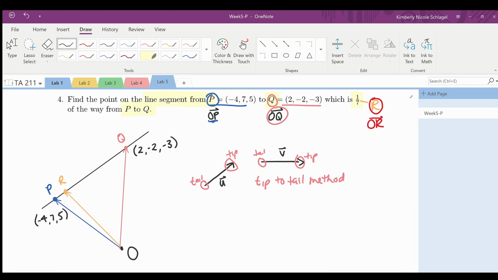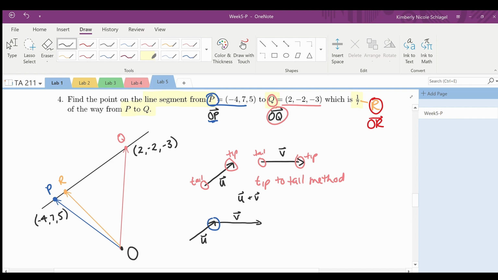First thing that we're going to do, we start off with our U vector here. We know that we have to go tip to tail, so this tip has to touch the tail of V if we're adding U plus V. We do something like that, right?